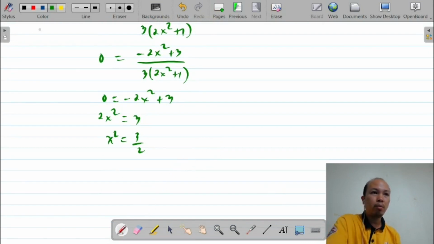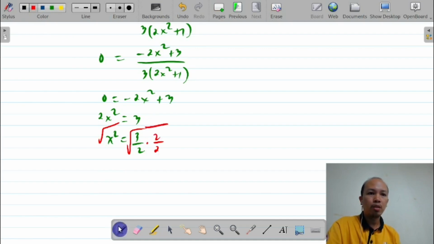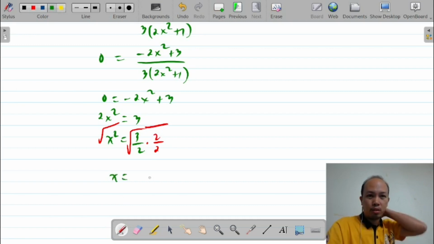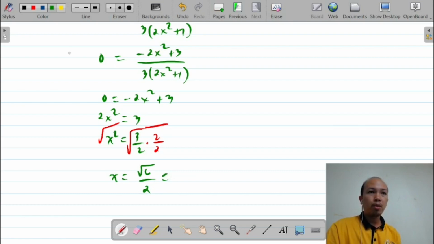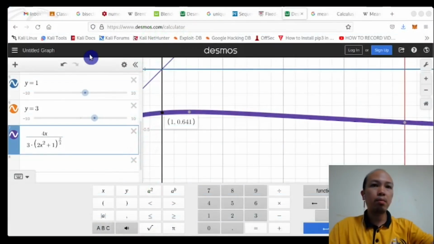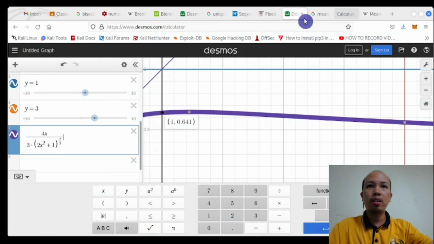Take the square root of both sides, and then multiply by 2 over 2 so that we can rationalize. Then x is equal to square root of 6 over 2, or this is approximately, let's go to our scientific calculator.